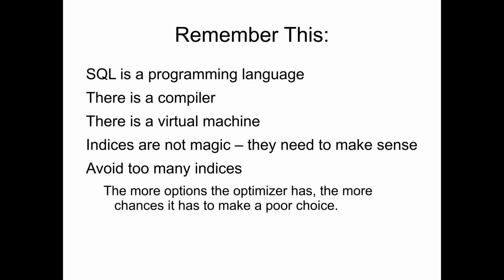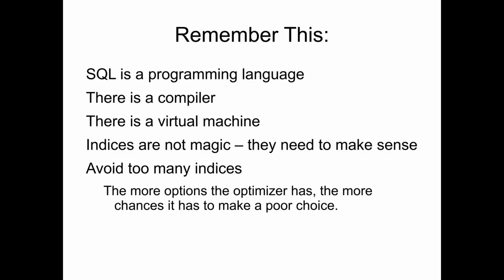And the other thing is avoid creating too many indices in your schema, because as we've seen, even for a simple query, there were 6 different ways of running the query. I haven't even talked about joins. I cut all of those slides. I haven't talked about subqueries and things like that. I cut all of that.